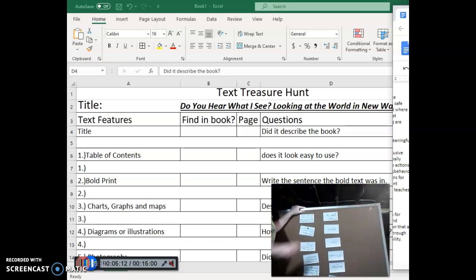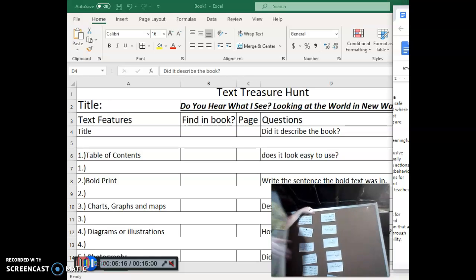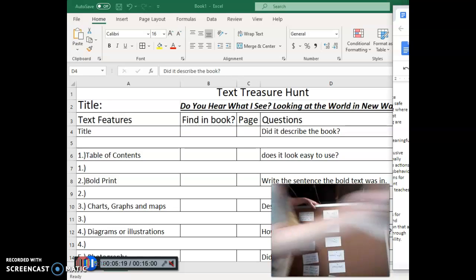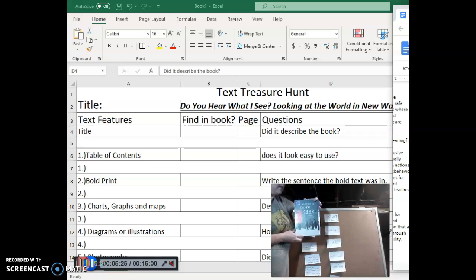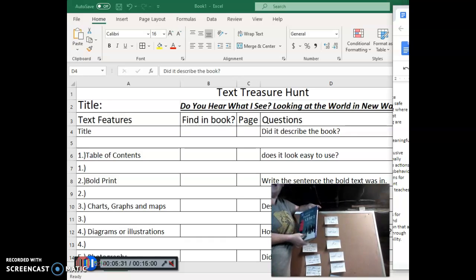So let's talk about this next one, the table of contents. Can everyone pick up their book and start looking through it and see if you can find the table of contents? I'll give you a minute to take a peek. If you do find it, please keep the page open and quietly wait until everyone has found it.